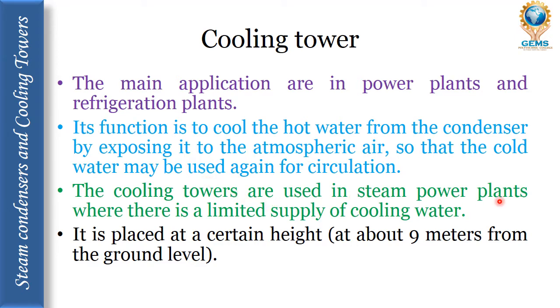Cooling towers are used in steam power plants where there is a limited supply of cooling water, so that we can reuse the same cooling water. It is placed at a certain height, about 9 meters from ground level.